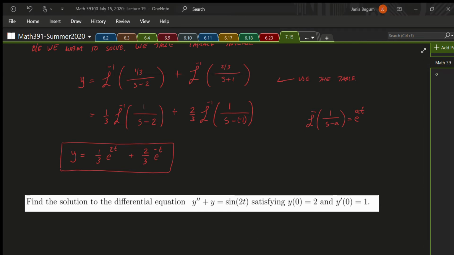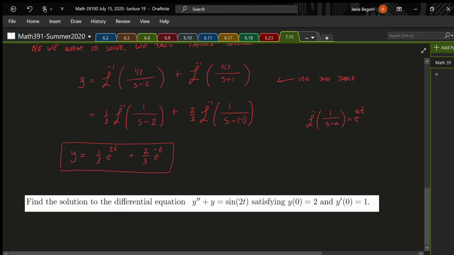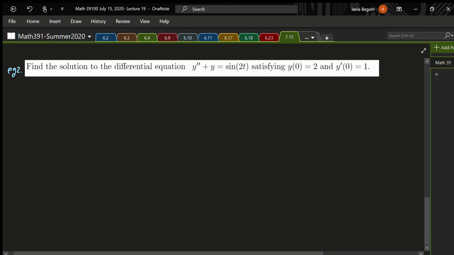Okay, so I want to know what is the solution to this problem. So let's use the Laplace transform, right? It didn't say use the Laplace transform, so you don't have to use it, but I want to use it, so let's use it, right?